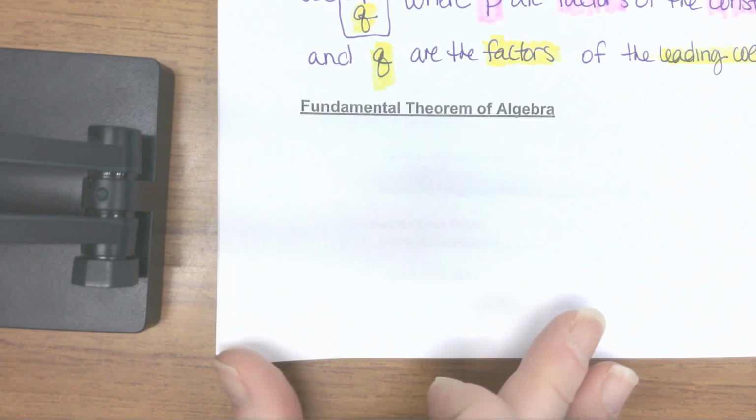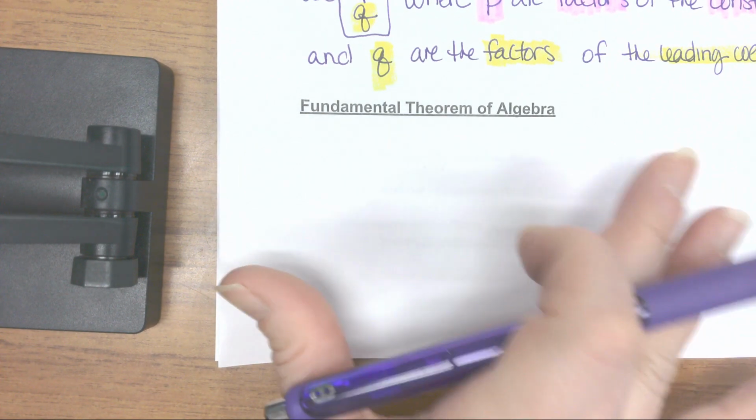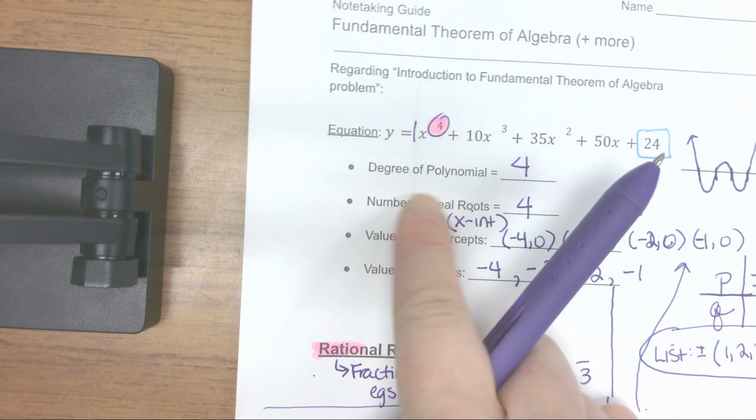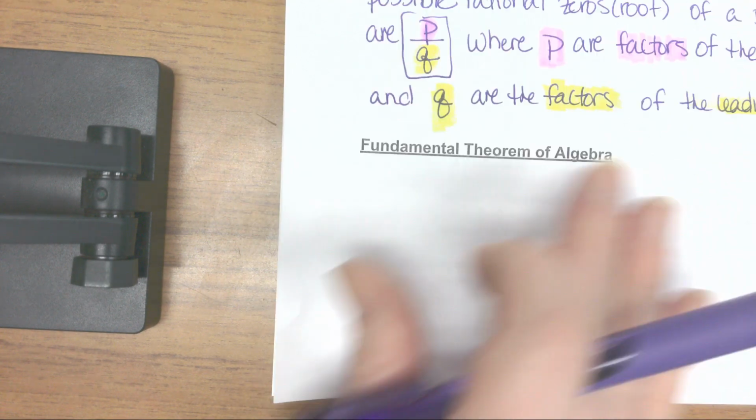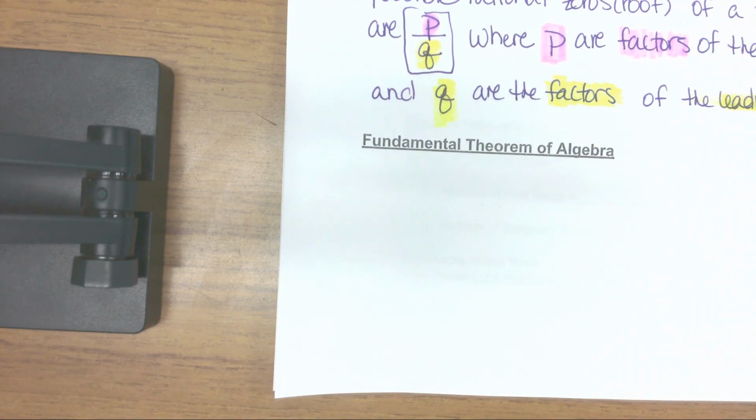I don't know if you remember this yesterday, but the first thing I had you guys do was I asked for the degree of the polynomial, right? So that's what the fundamental theorem of algebra is related to. So it says this.